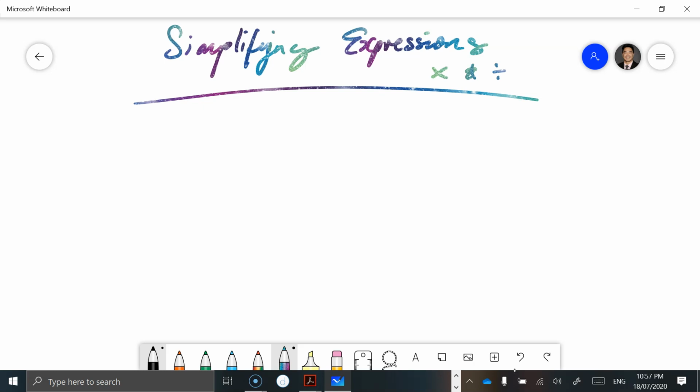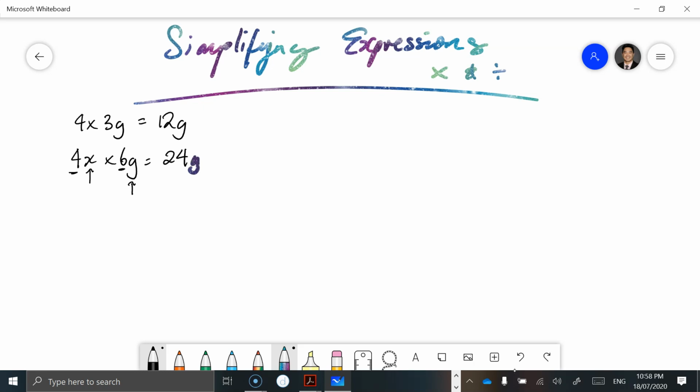Okay, so multiplying and dividing. Let's start off with multiplying. If we had 4 times 3g, we're going to multiply the coefficients, or the numbers. In this case, we have 12g, because 4 times 3 is 12. If we had 4x times 6g, then 4 times 6 is 24, and x times g is just xg.